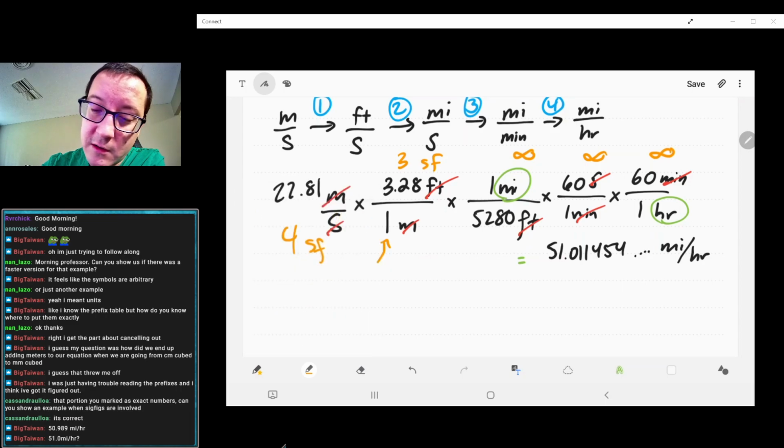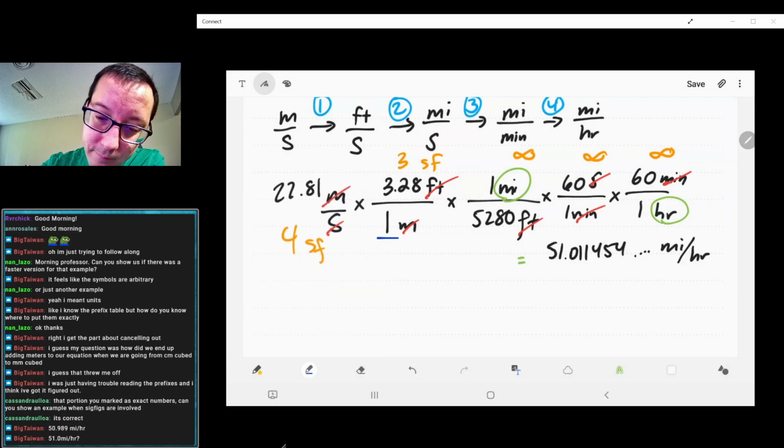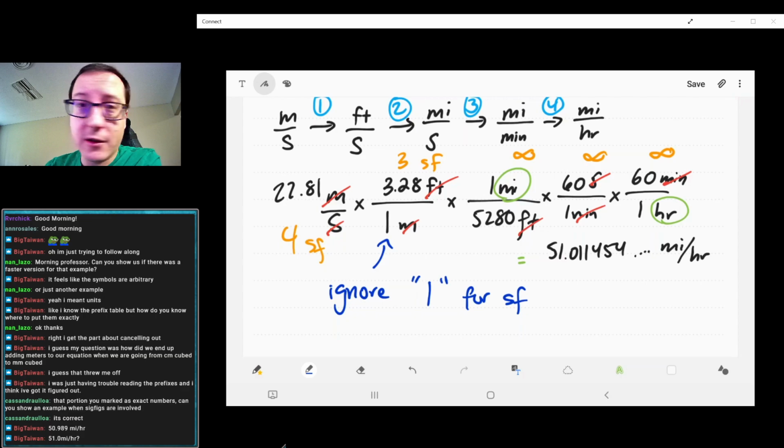Let's go to dark blue. Anytime you see just a 1 in a conversion factor, you don't have to worry about that 1. That's just someone has reduced the fraction from whatever was measured. So with that in mind, we have 4 sig figs, 3 sig figs, and then infinity for those exact numbers. So we should have 3 sig figs for our answer.